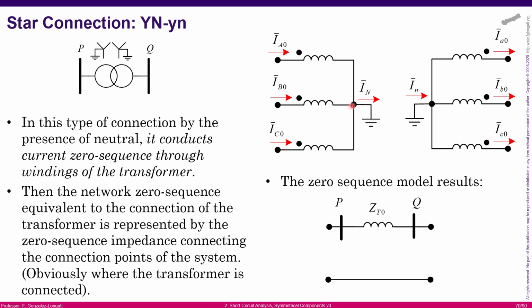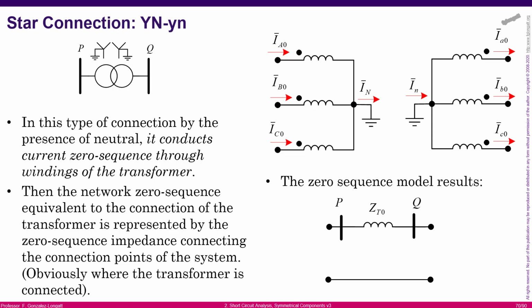What I'm trying to say is that because we have a star-star connection and both sides of the star connection are grounded, the ground is the common point where the zero sequence component can move from the high voltage side to the low voltage side.